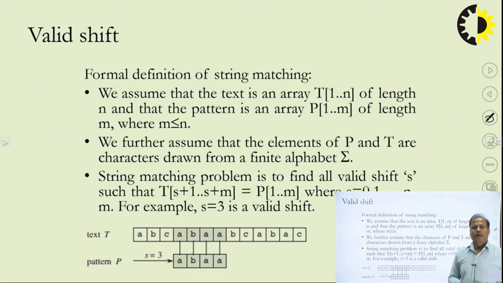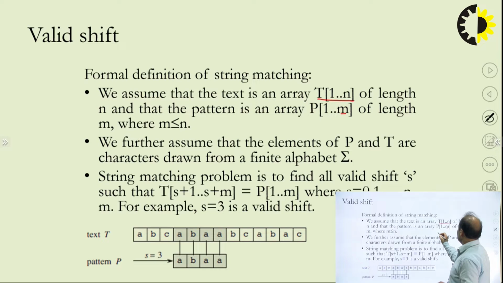In order to find a match of a pattern inside text, we need to define a valid shift. So what is a valid shift? Suppose the text is represented as 1 to n, so its length is n, and the pattern is represented from 1 to m, its length is m.